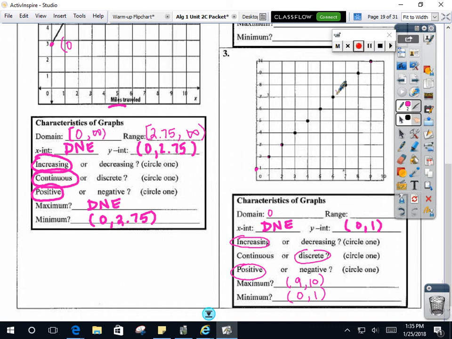You have to write every single x value. Like that point has an x value of 0, this point has an x value of 1, this point has an x value of 2, and you are supposed to write every single number, but since we're limited on space, I will allow you to put like ... and then maybe 8, 9. But you're supposed to write every single x value represented by the points.